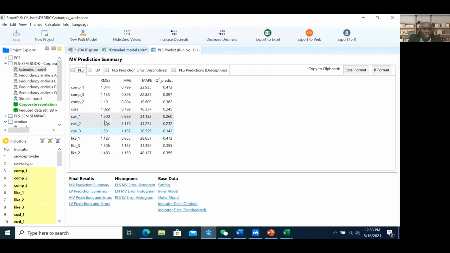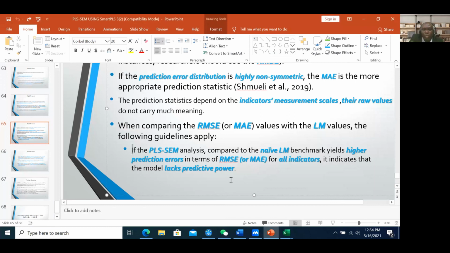Good. So it looks as if almost all the values under the RMSE of the linear regression model are higher than the PLS predict. So let's see. This one has not met.